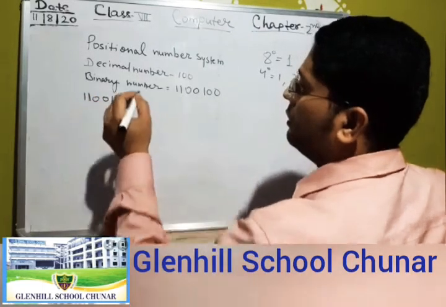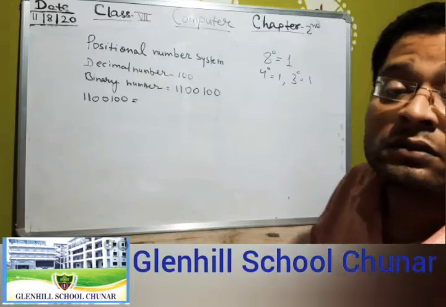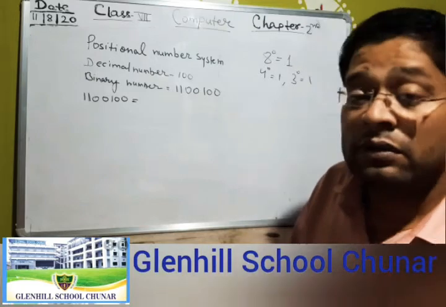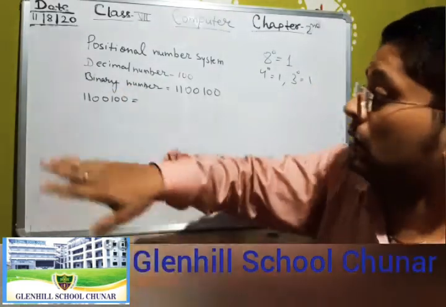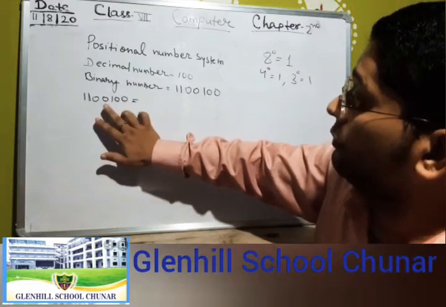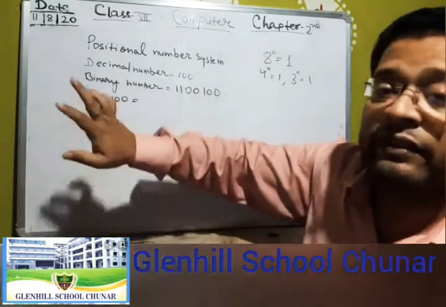So look, 1 1 0 0 1 0 0. What's the work? First count the total digits you have: 1 2 3 4 5 6 7.